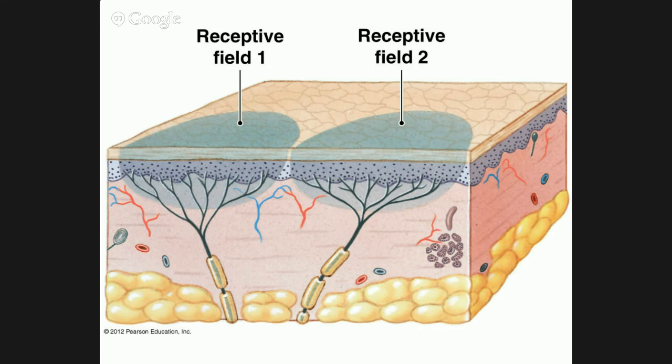If you want to have some fun at home, get some tweezers and see how far apart the tips have to be for you to tell that there's two things versus one. How sensitive your skin is corresponds to that.